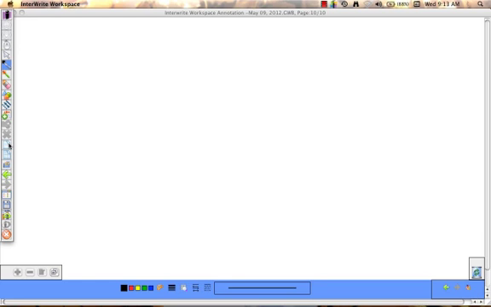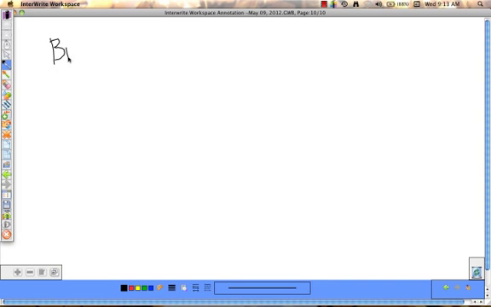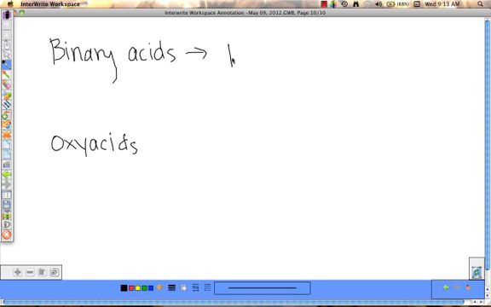So, naming acids and bases. We have binary acids, and then the oxyacids. Binary acids are hydrogen and another non-metal, so only 2 elements.